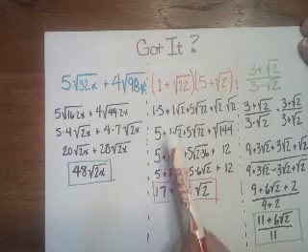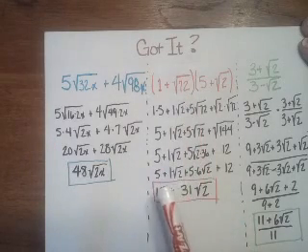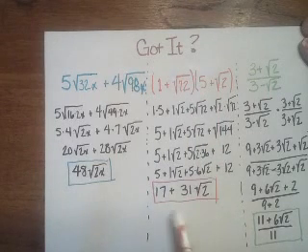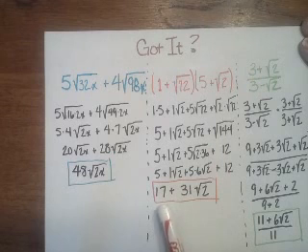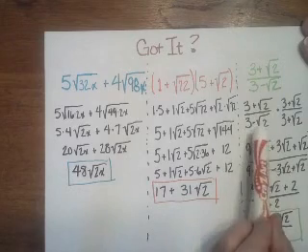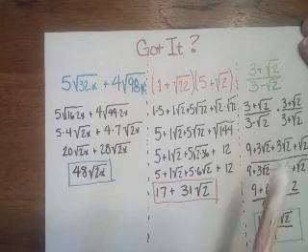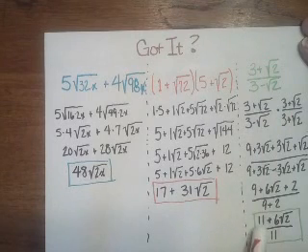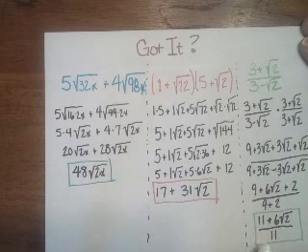Here we had another multiplying of binomials with a little bit of simplification in there. We're left at the end with 17 plus 31 square root of 2. And on the last one, we rationalized the denominator by multiplying by the conjugate. So in the end, you get 11 plus 6 times the square root of 2 all over 11.